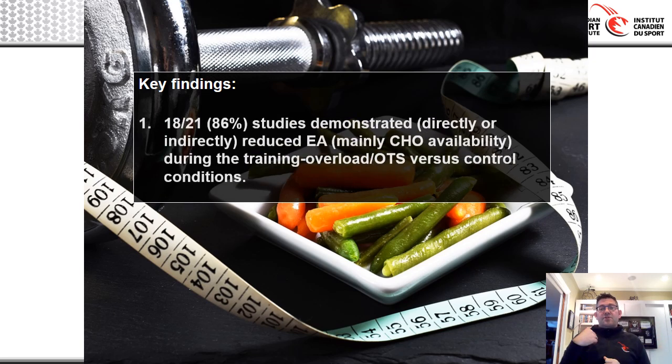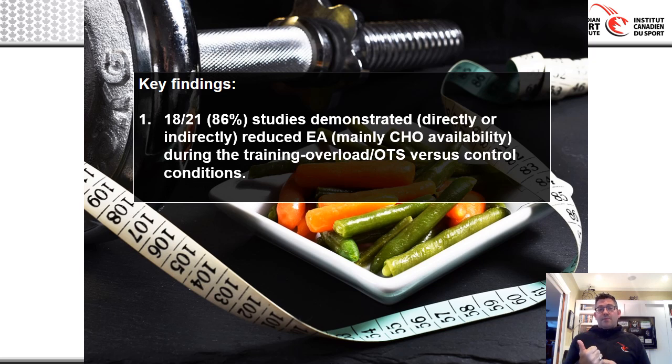And indeed, we found 21 papers, overtraining papers, that also had some assessment of energy intake or energy availability. But interestingly enough, 86% of those papers demonstrated directly or indirectly reduced energy availability, mainly via carbohydrate availability during the training overload period versus control.